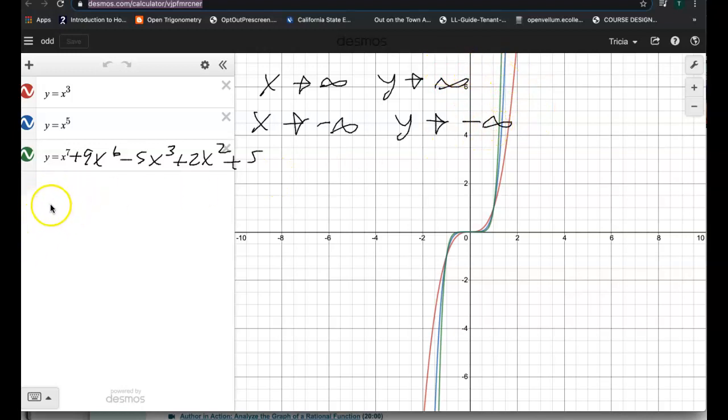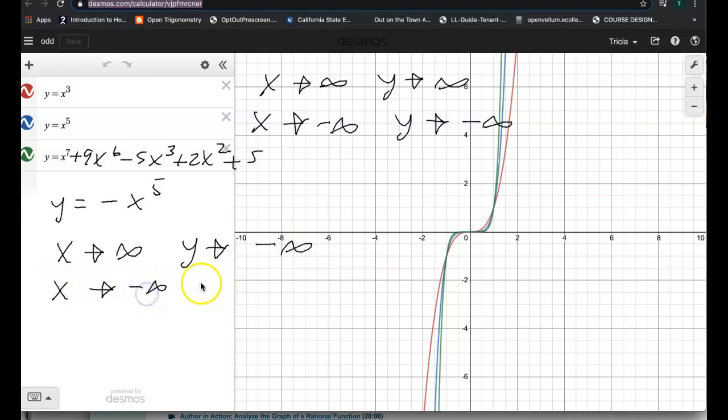And so similarly, if we had y equals negative x to the 5th, we know that that's going to reflect the graph over the x-axis. So that means as x goes to positive infinity, y goes to negative infinity, and as x goes to negative infinity, y goes to positive infinity.